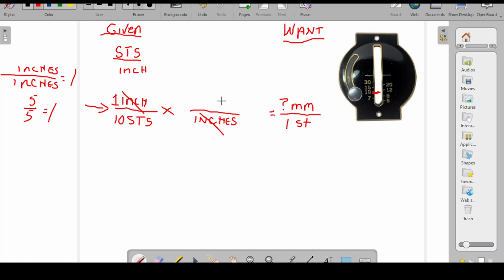But my point being, what are we going to put up here? And this is where you need to put in a conversion factor. So this is our conversion factor. That's how we know we're multiplying. Well, what conversion factor are we going to use? And what are conversion factors? Well, they're just fractions that help us solve problems.